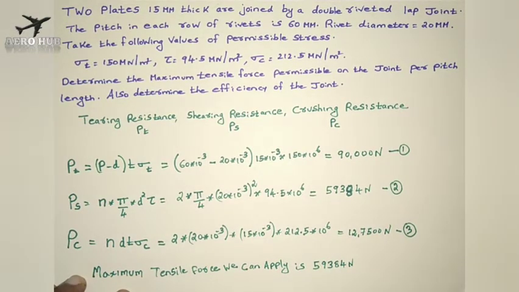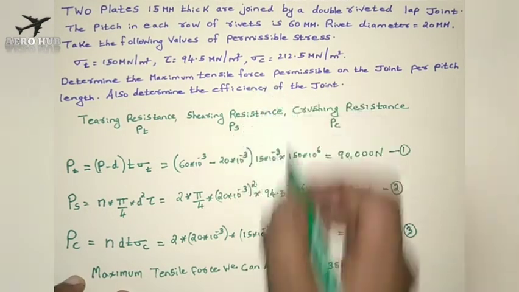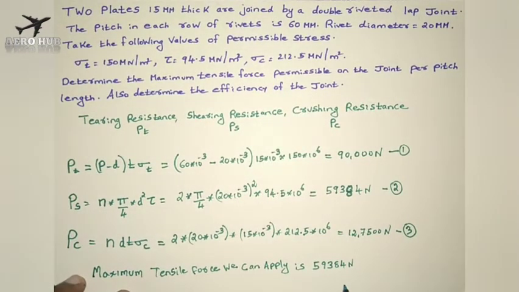This is the value of the maximum amount of tensile force that we can apply. Okay, now we found the value of maximum tensile force, that is the permissible tensile force. Now we have to find out the value of efficiency of the joint.